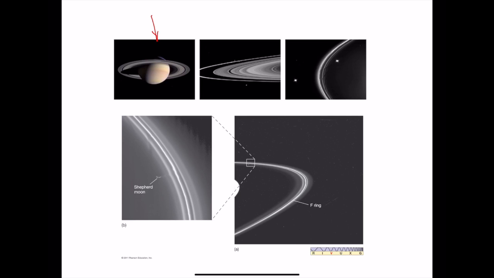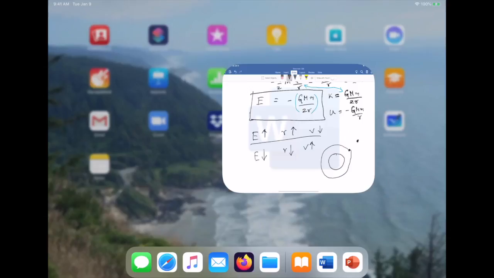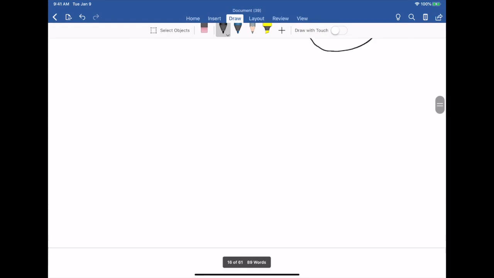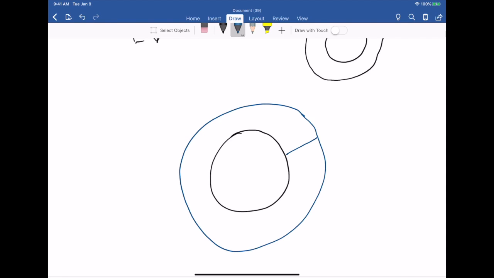So if this is Saturn, the ring systems would start from, I suppose we are looking down on Saturn from above its equator, then we above the north pole of Saturn, we would see that the ring systems start from somewhere over here, and this is about 7,000 kilometers, and it extends to 80,000 kilometers.